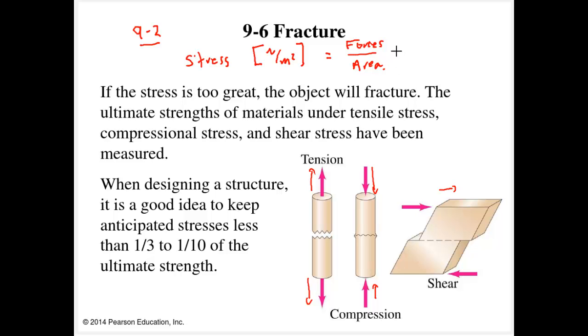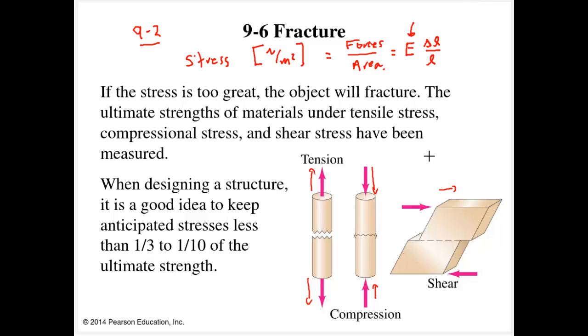We could also say we don't know what these forces are, but we know the type of material we're working with, we know the Young's modulus, and we also know how far this object has deformed and the original length of the object. So we could calculate what the stress is simply by using the strain.